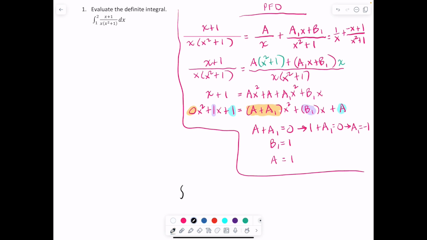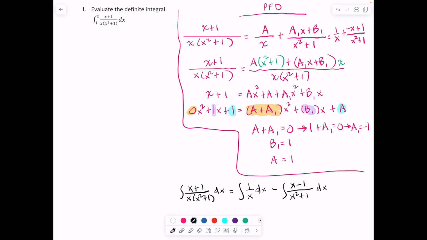So the indefinite integral of x plus 1 over x times x squared plus 1 with respect to x will be the integral of 1 over x dx. And then I'm separating the integrals and factoring out a negative, and I'll have the integral of x minus 1 over x squared plus 1 dx.